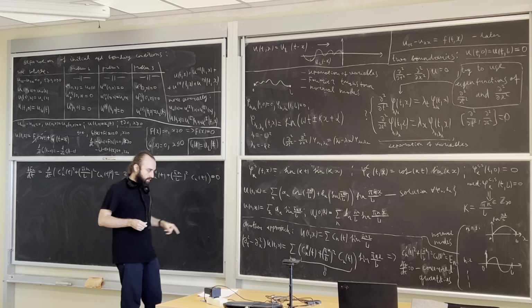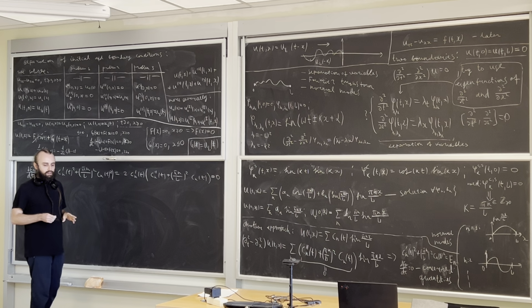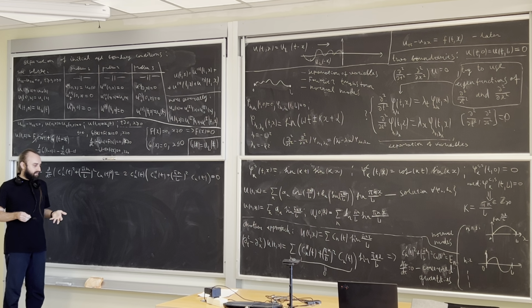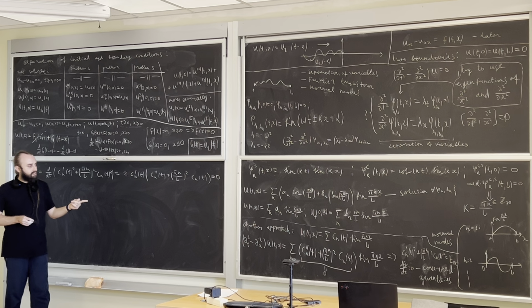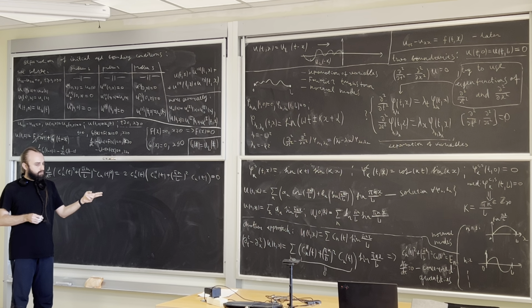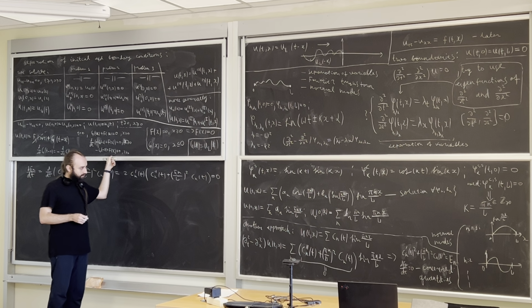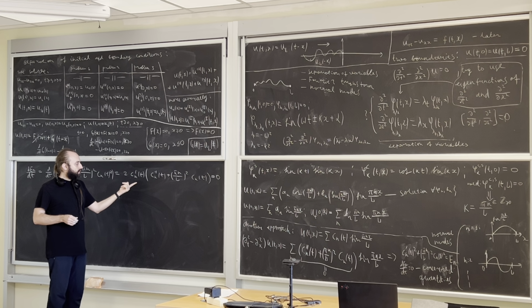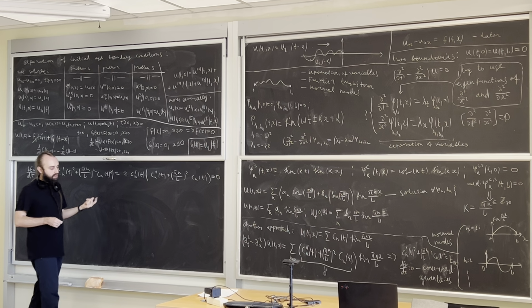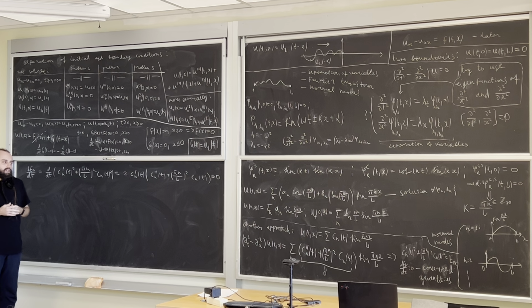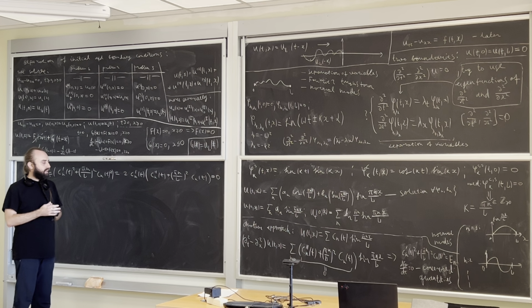The evolution of the system usually fills the whole surface of constant energy. But here we have this separation between different modes, which means that we have an infinite number of these conserved quantities. So it's not only the full energy, but also the energy of each mode of this string.